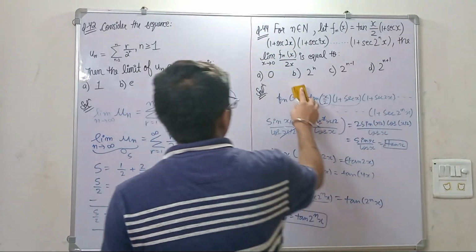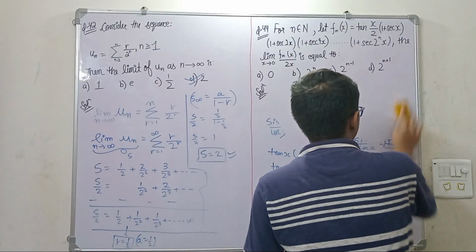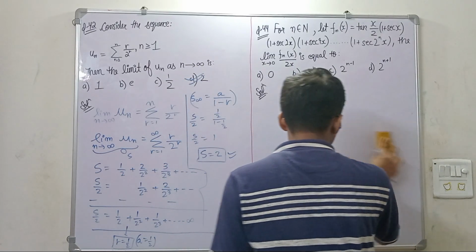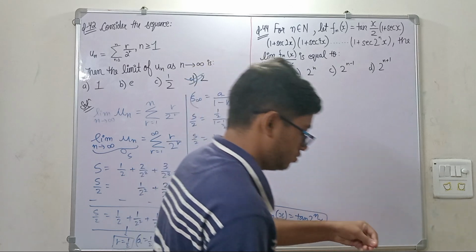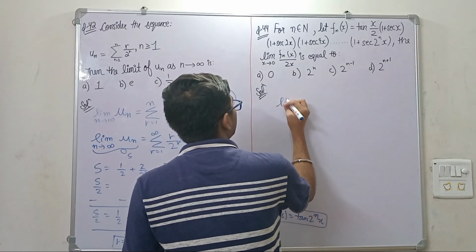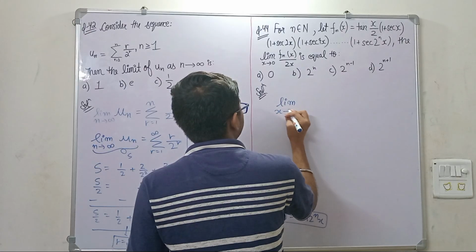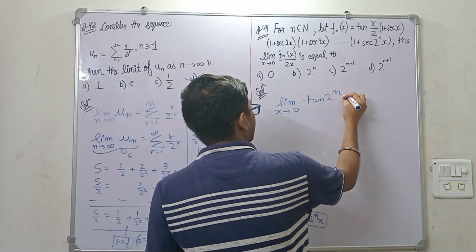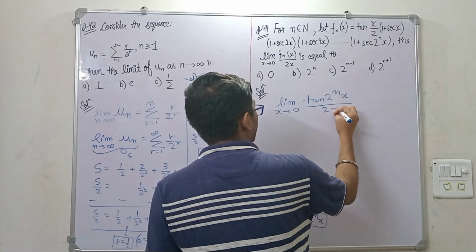Okay, now let us see the question. Limit x tends to 0, tan 2 to the power n x upon 2 to the power x.